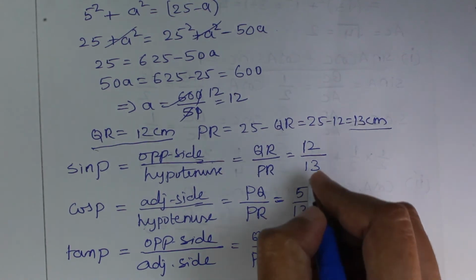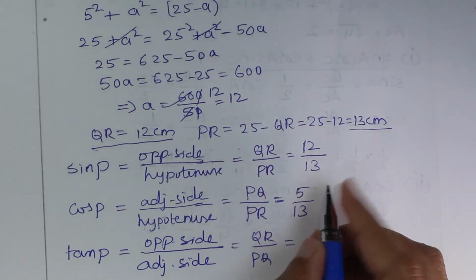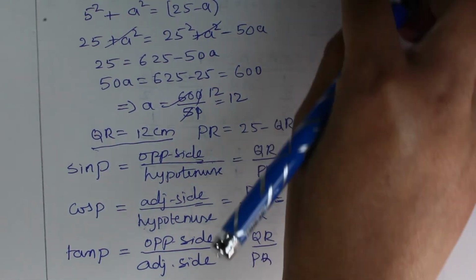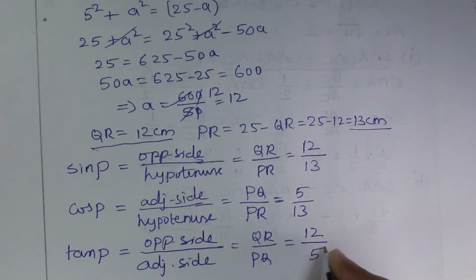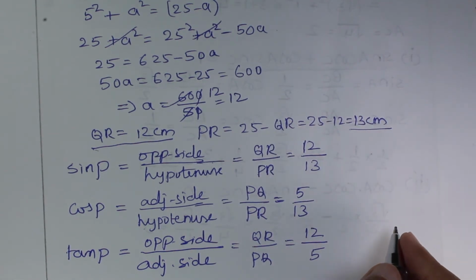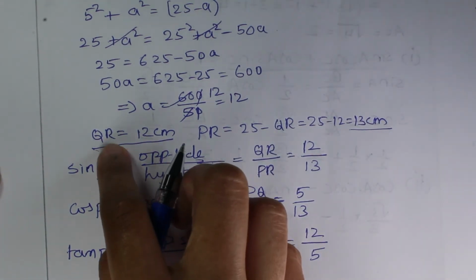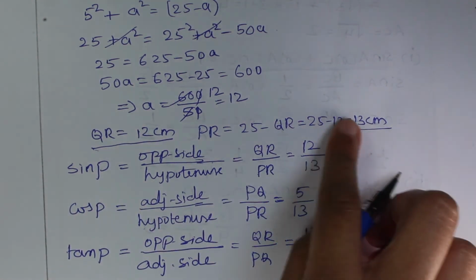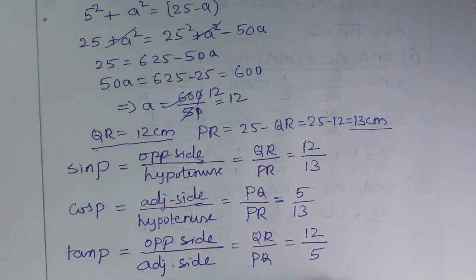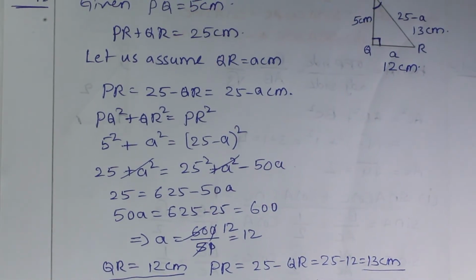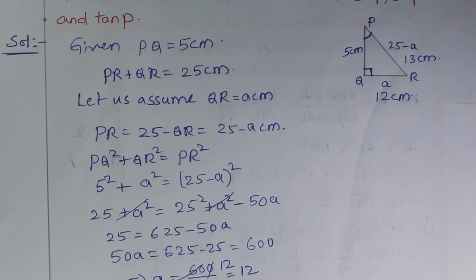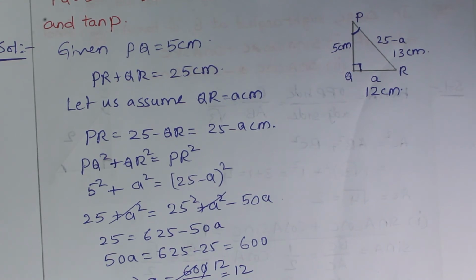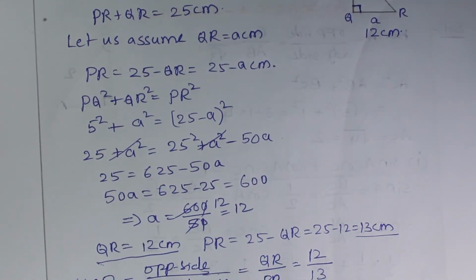What is the value of QR? 12 divided by PQ, which is 5. 12 divided by 5. So we got all the values of sin P, cos P and tan P. Hope this is clear for you. First of all, we used Pythagoras theorem and calculated the two sides of the right angle triangle, and then we have solved the sin P, cos P and tan P values.